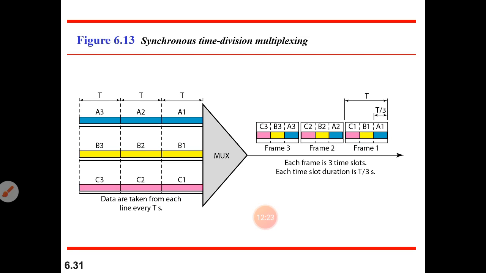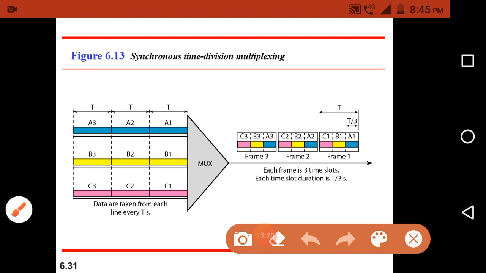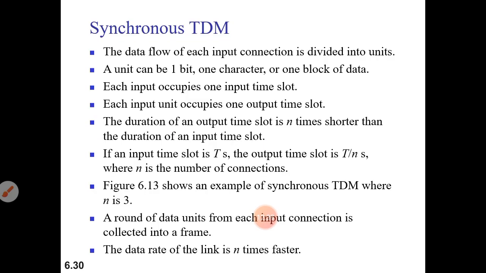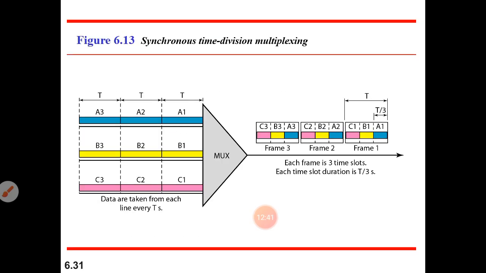So here the input time slot is T. For example, the input time slot for A1 is T, so the output time slot for that A1 will be T by 3, that is T by n, as I told here, where n is the number of connections.